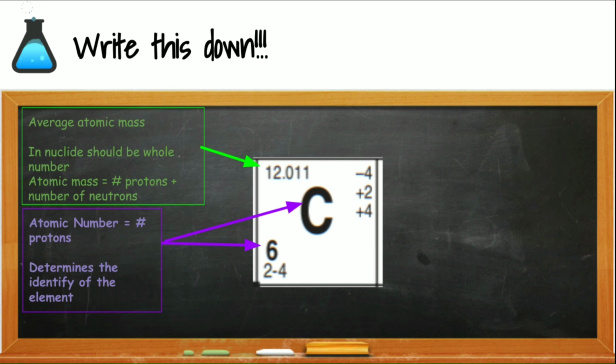It just happens that when we take averages of lots of whole number atomic masses, we get a decimal number. Kind of like the average American family has 2.3 children, but nobody has 0.3 of a brother. Instead, what happens is you take the average of a lot of whole numbers and you get a decimal.